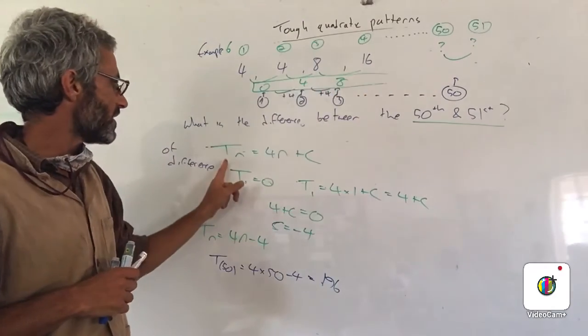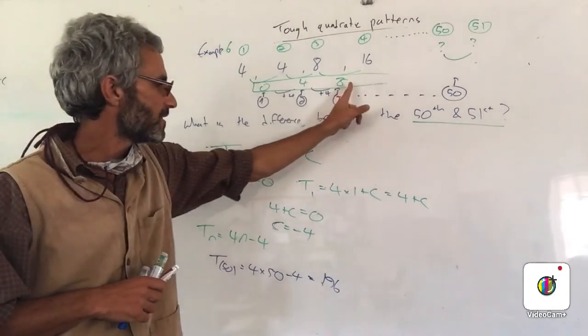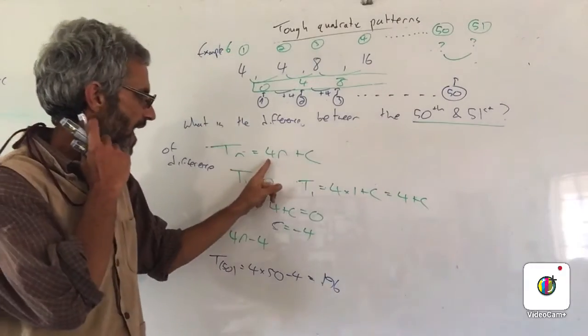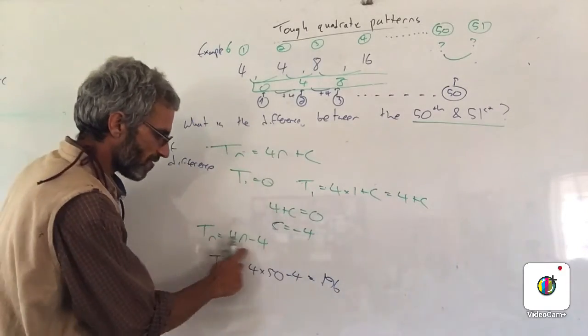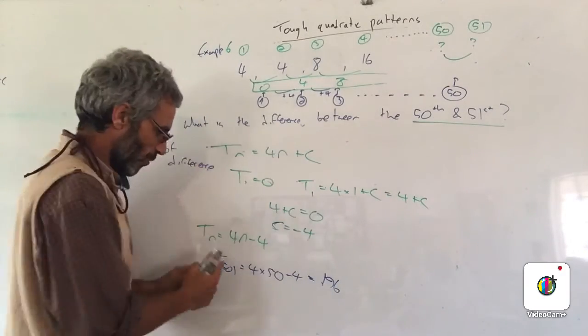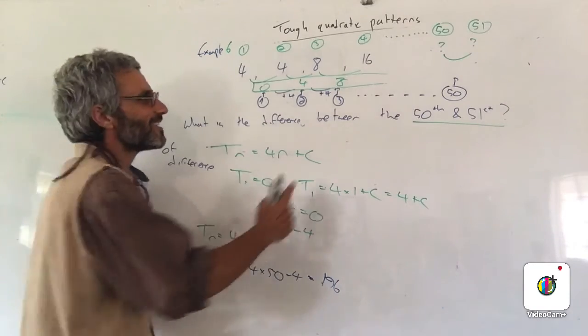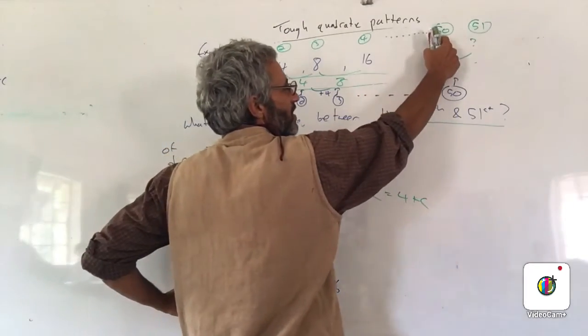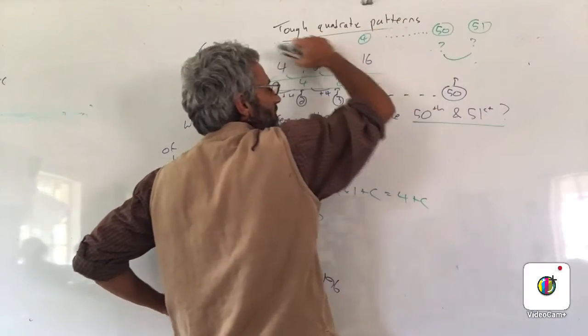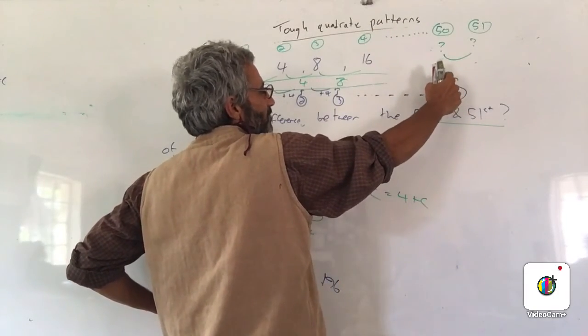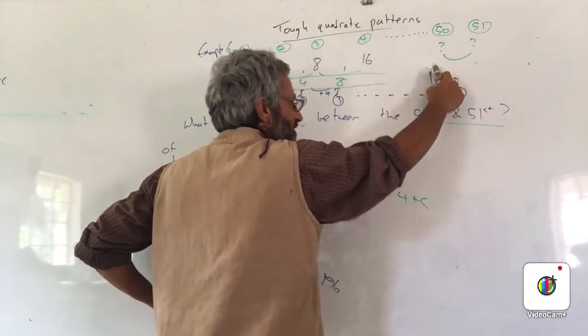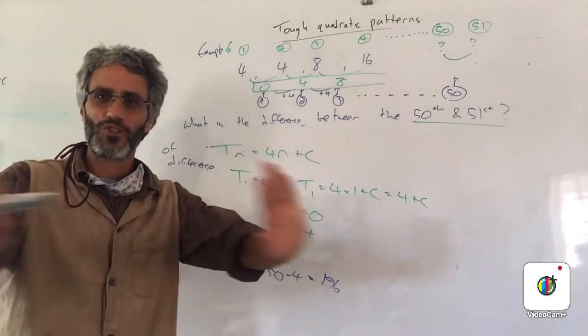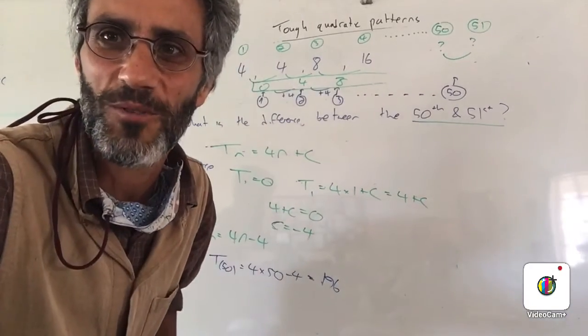So we find the nth term of that linear sequence, and we find the A and the B, and once we find that, we have to figure out really what n is. In this case, the difference between the 50th and the 51st term on the quadratic pattern is term number 50 in the list of the differences. I'm going to stop here and give you some time for asking questions.